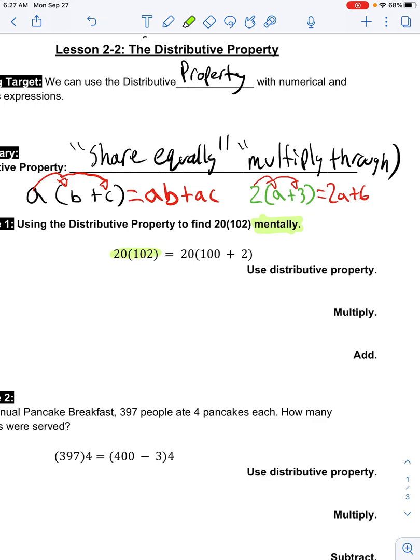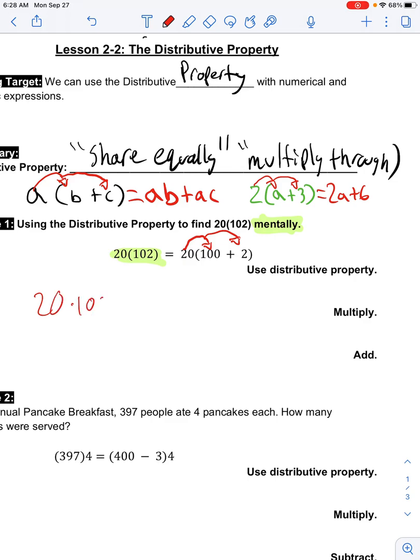So I am tasked with taking 20 multiplied by 102. And I don't know what 20 times 102 is off the top of my head. However, it is much easier for me to figure out what 20 times 100 is, and then also what 20 times 2 is.